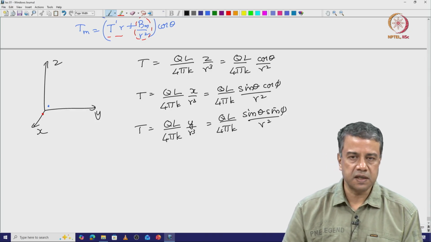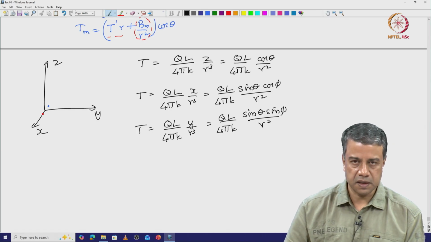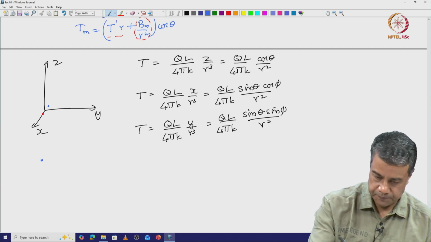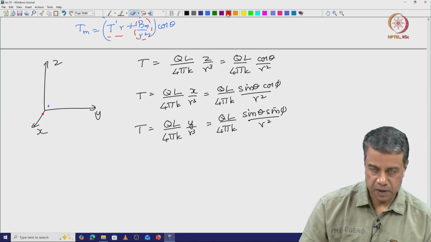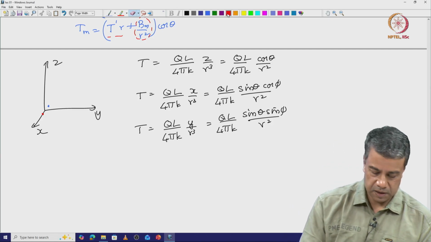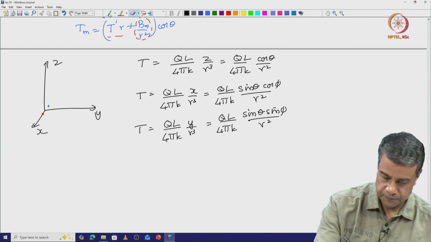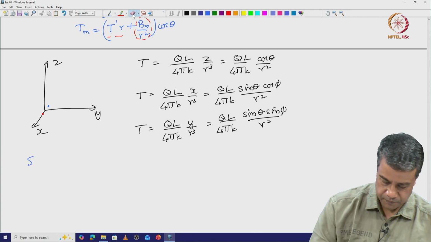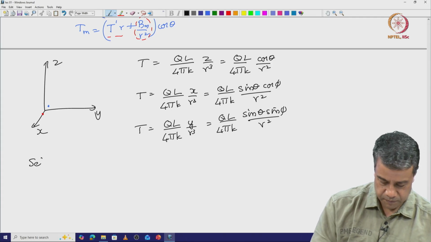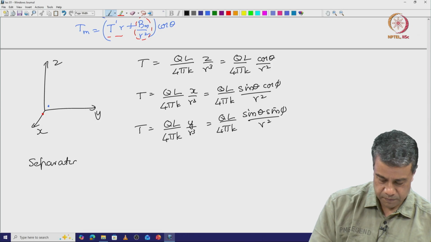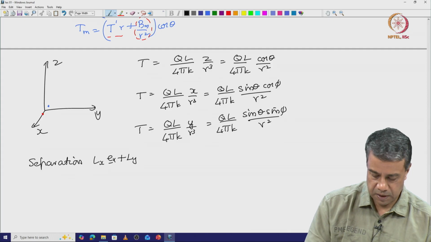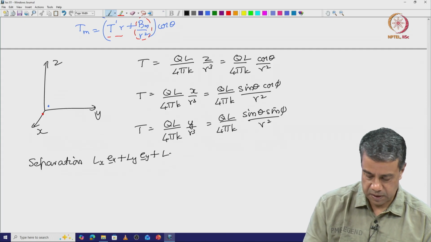And if you had the source and sink in some other direction, let us say the separation between the source and sink is Lx Ex plus Ly Ey plus Lz Ez.